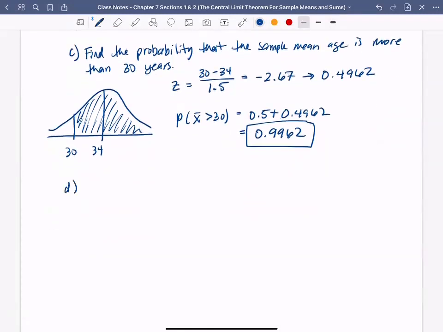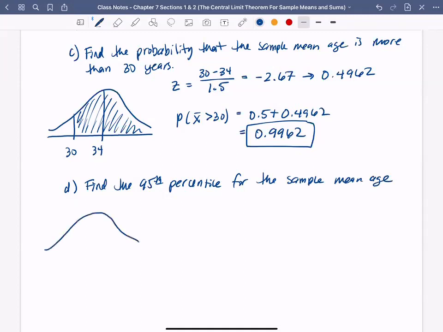All right, last part. Find the 95th percentile for the sample mean age. If we're looking at our distribution here, we know that this is 0.50.